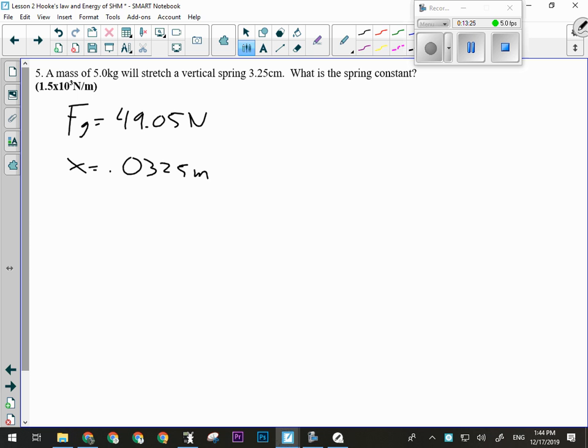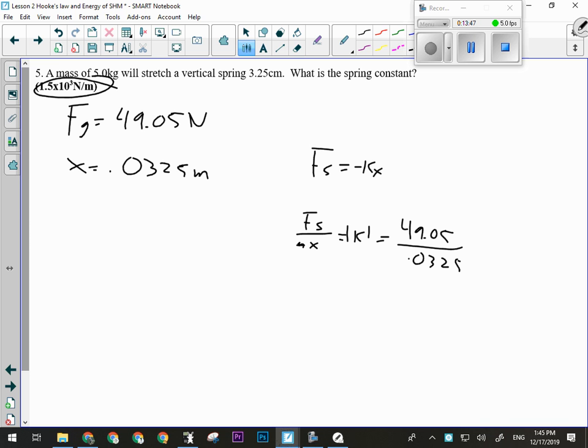It's in centimeters, so I have to convert it to meters. If I'm looking for k, force in the spring is negative k times x. So force in the spring divided by negative x, or even just x, because I'm looking for an absolute value anyway, it is going to be 49.05 divided by 0.0325. That should give me 1,500 newtons per meter.